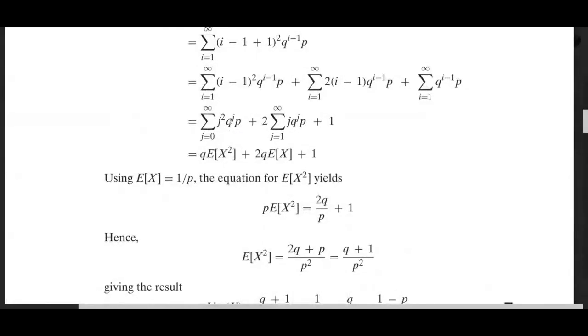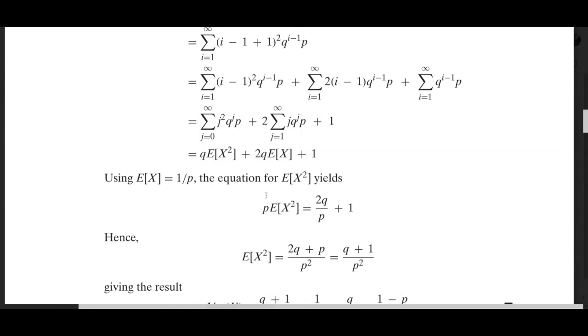That's why we split q into q and q raised to j minus 1, and put j minus 1 into the calculation of this expected value of the random variable squared. Yeah, I understand that part, but which part? Onto the next step. This one?